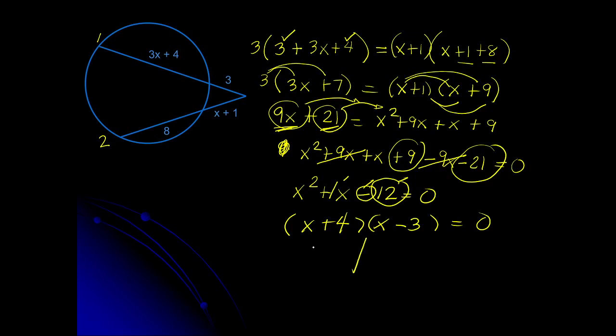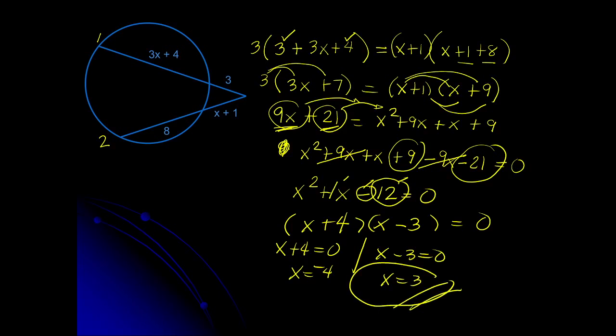And we have x plus 4 equal to 0, x minus 3 equal to 0. So we have negative 4 and we have 3. This is our answer. Sir, I'll use my math, Papa, sir.